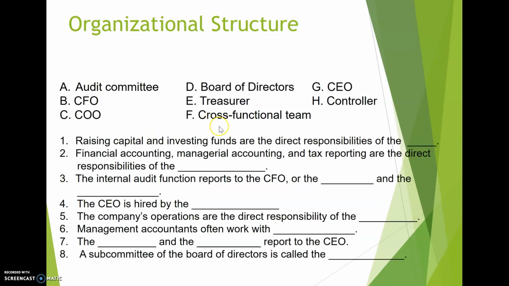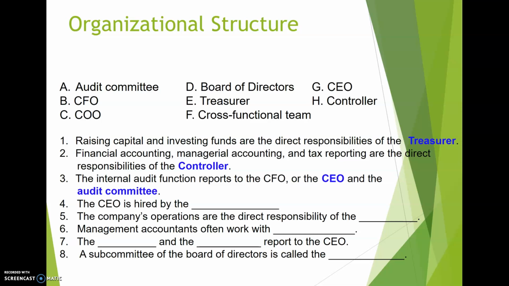And so let's kind of take a look at how all of these roles fit into the company. So raising capital and investing funds are the direct responsibilities of the treasurer. Financial accounting, managerial accounting, and tax reporting are the direct responsibilities of the controller. The internal audit function reports to the CFO or the CEO and the audit committee.